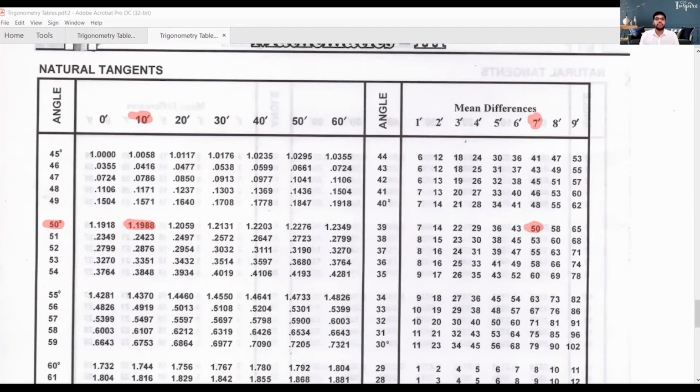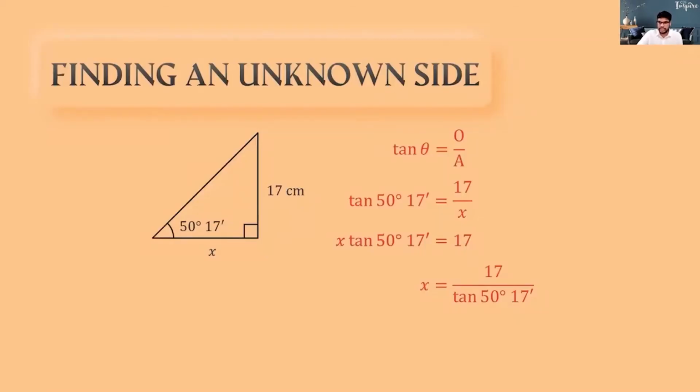You simply add 50 to 1988. Okay, so now that we have the value, let's go back to the question. We replace the tan value with the decimal we found, and then you do the division. That gives me the length of my adjacent, which is 14.12 centimeters, children.